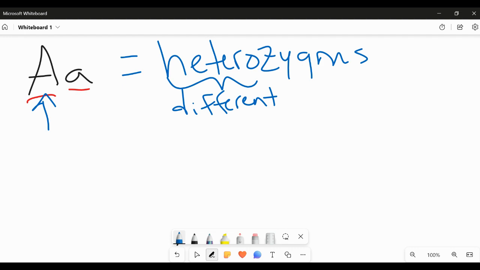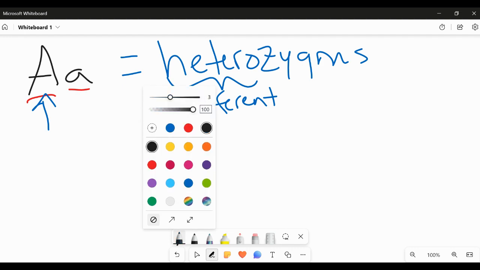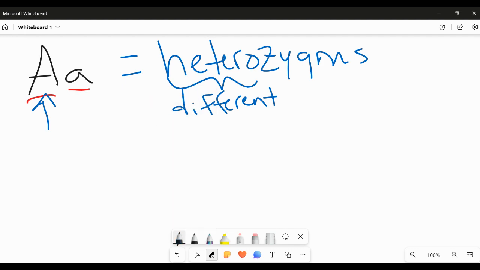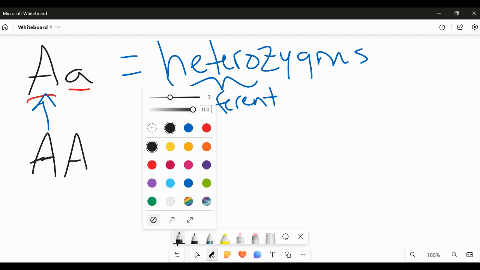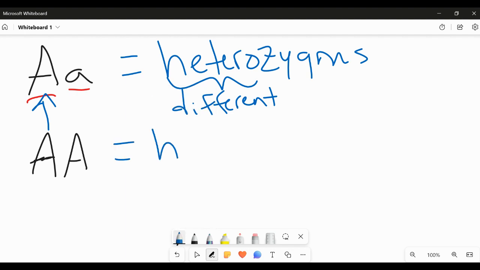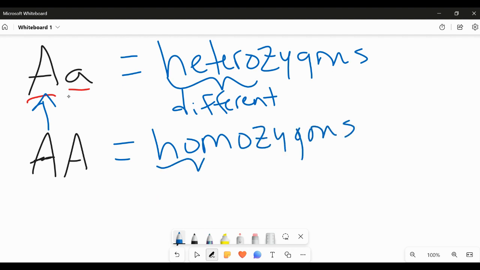This is the genes. Whereas if we had two big A's, now we have two of the same alleles. So this is going to be homozygous. This means same.